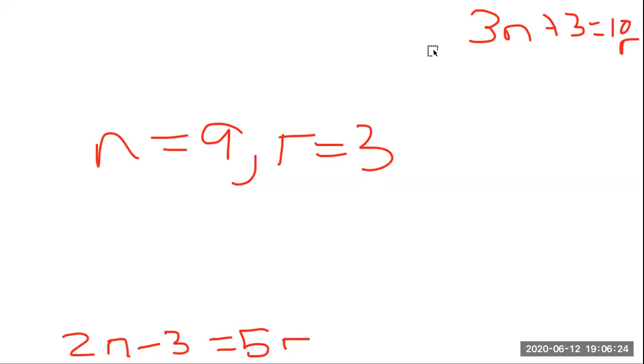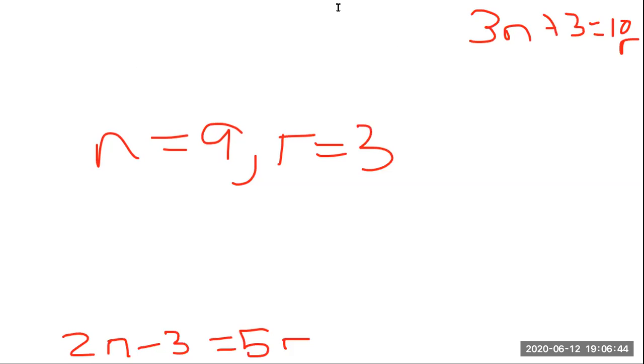To get the answer, you need to find the ratio between n and r, and then after finding the ratio, you have to insert the ratio again.